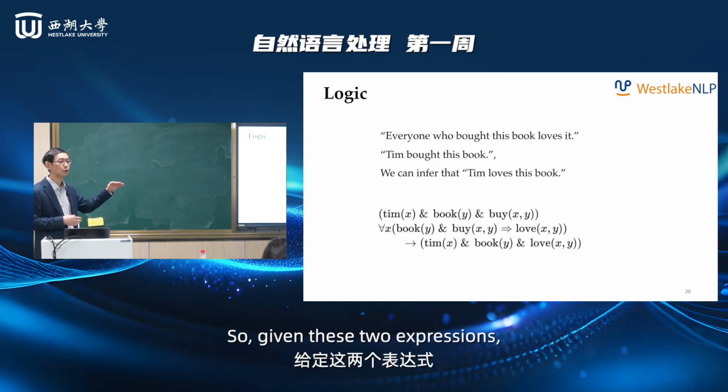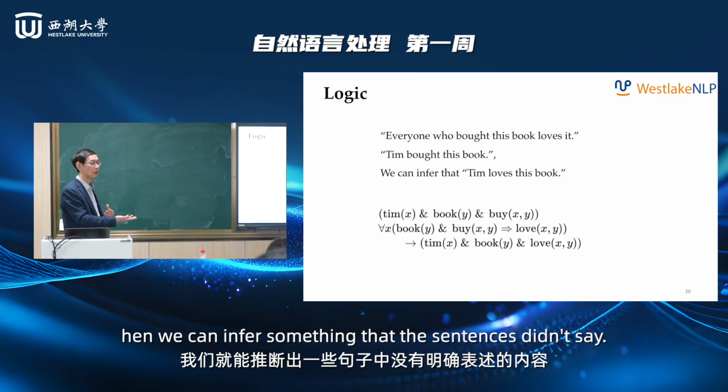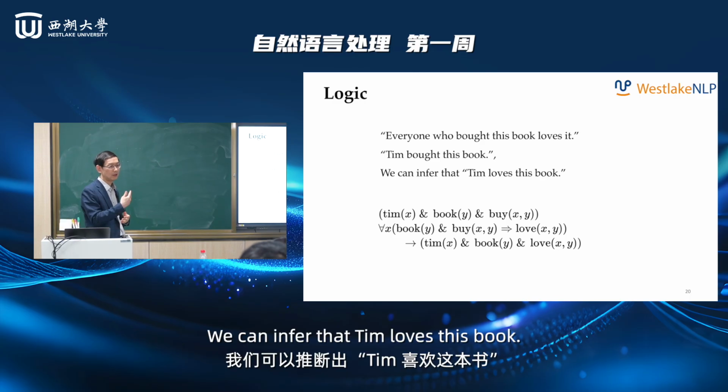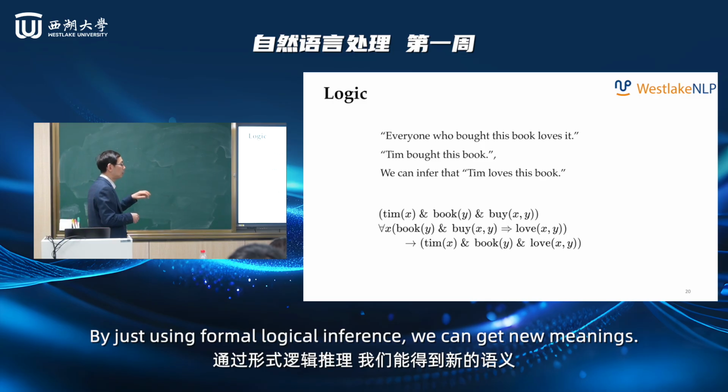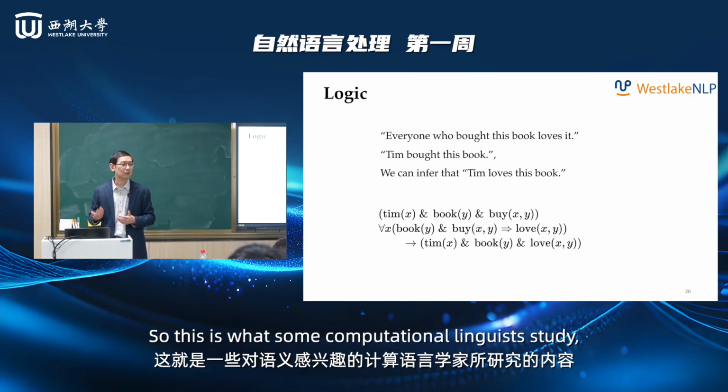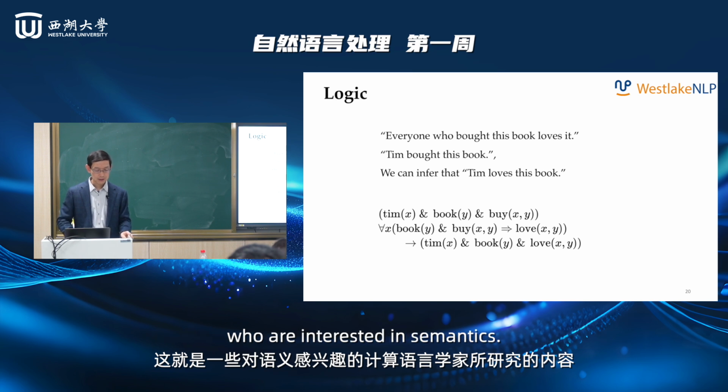So given these two expressions, then we can infer something that the sentences didn't say, right? We can infer that Tim loves this book by just using formal logical inference. We can get new meanings, okay? So this is what some computational linguists who are interested in semantics study.